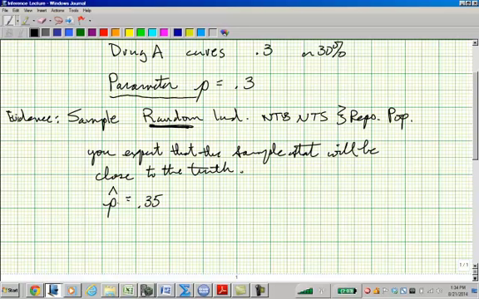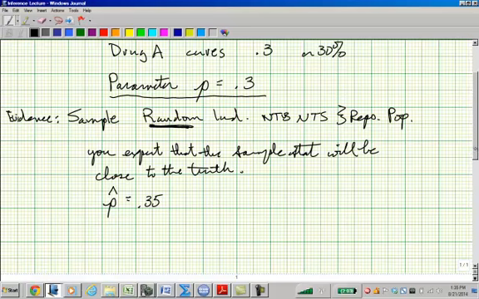Parameters are estimations. Statistics are always specifically known. Why? Because you collected the data and you measured the statistic, so it's always very specific. Parameters are always somewhat of an unknown mystery, whereas sample statistics are exactly known.